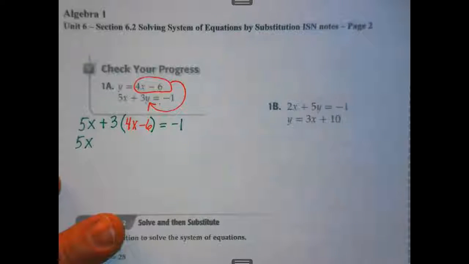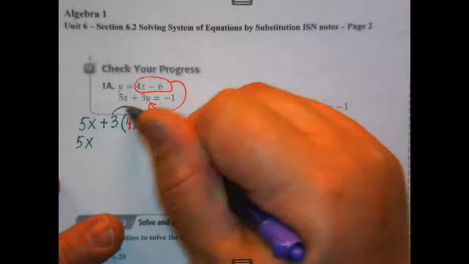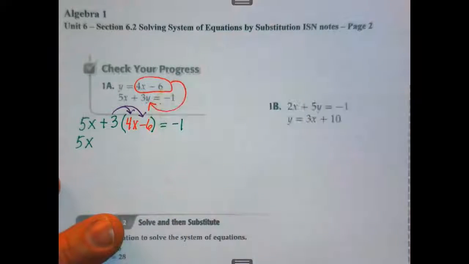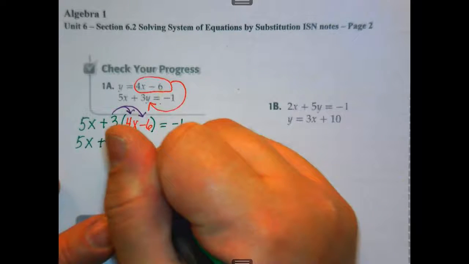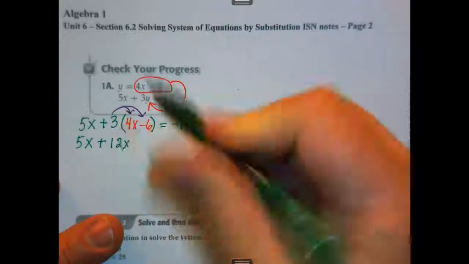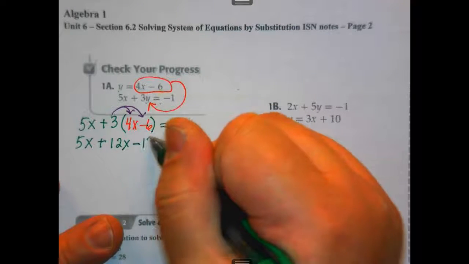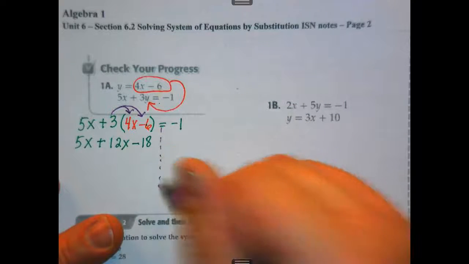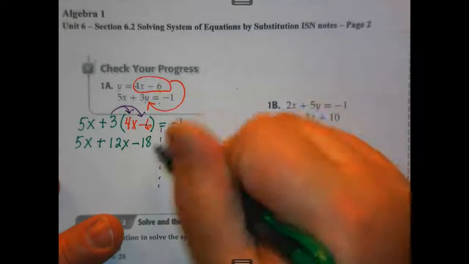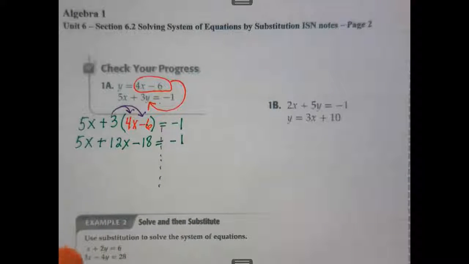5x, I have a number in front of parentheses, so I have to distribute that 3. So 3 times 4x is 12x. 3 times -6 is -18. Equals -1. Solve for x.